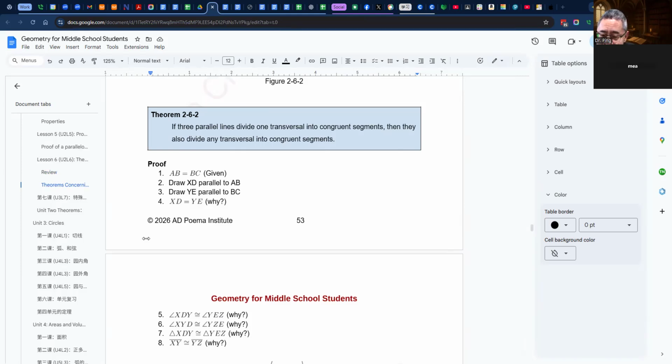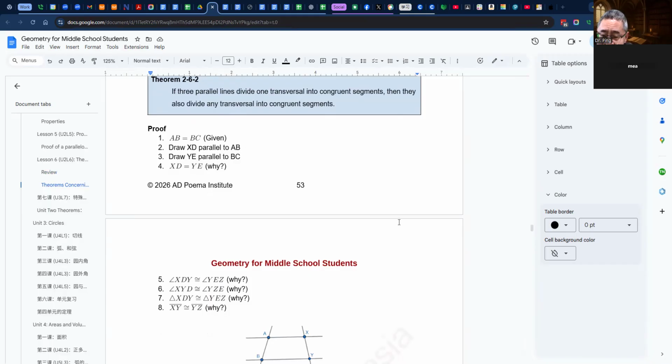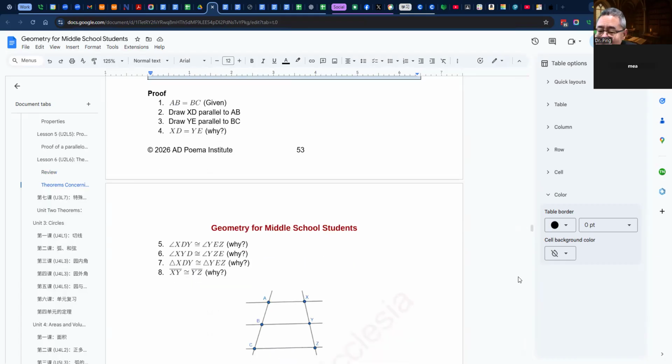This theorem says that if three lines divide one transversal into congruent segments, then they also divide any transversal into congruent segments. So what that means is that we have this graph here, and we have three parallel lines.